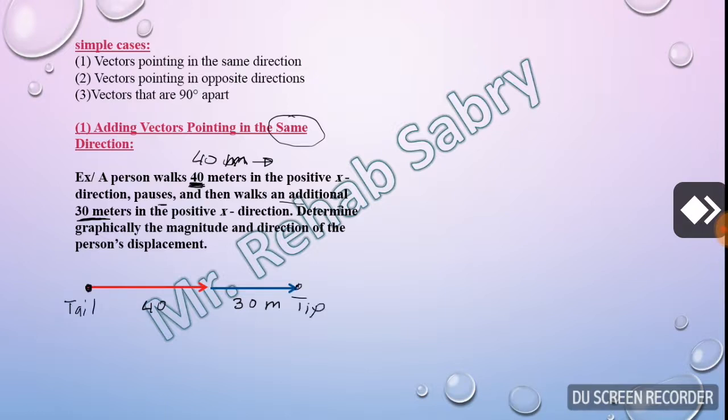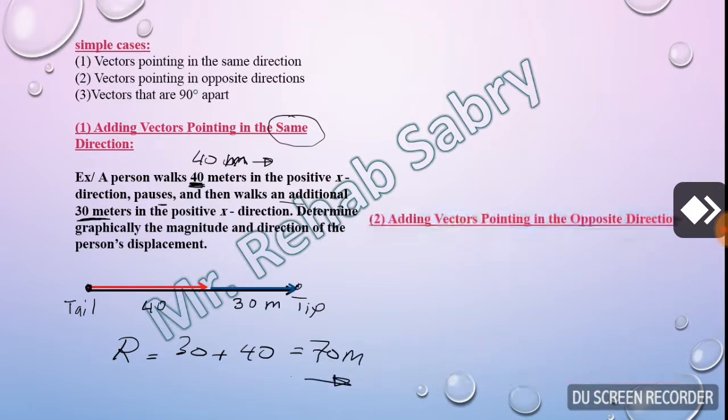The resultant is from what to what? From the tail to tip. Look, so this is the resultant. So the resultant here equals 30 meters plus 40 meters equals 70 meters to the right.